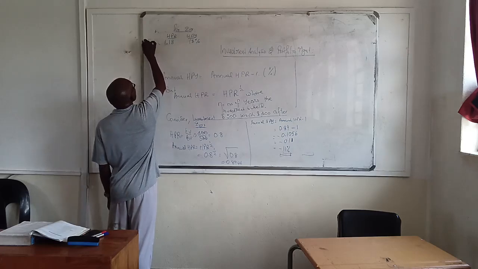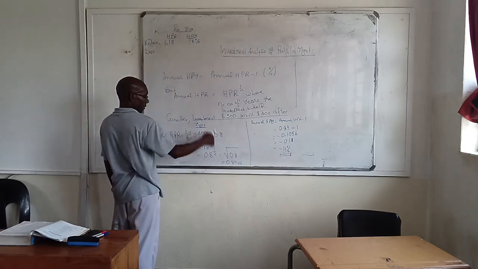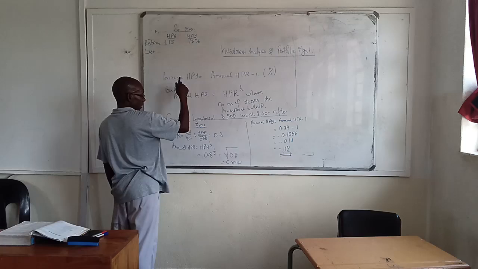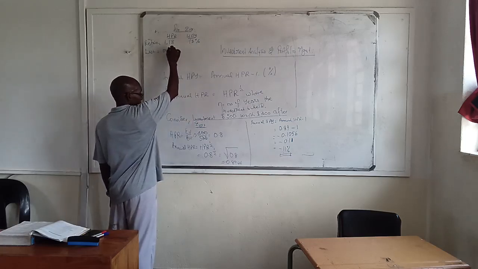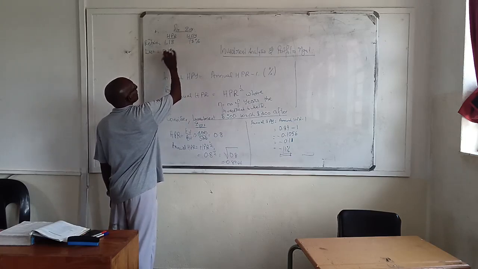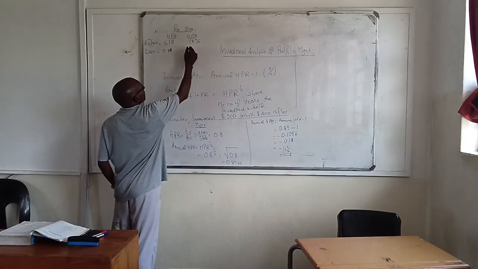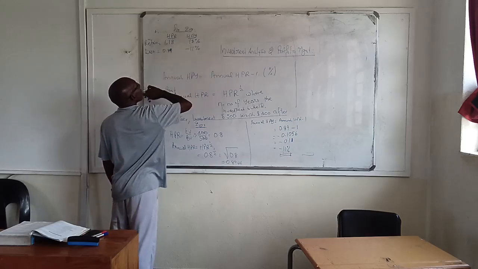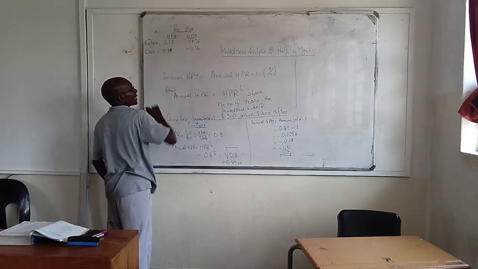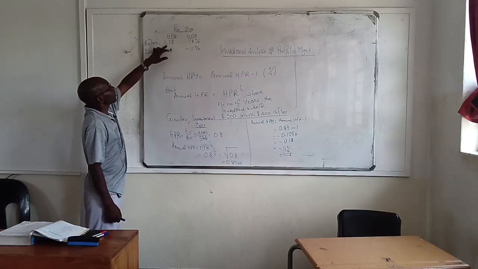For a loss, annual HPR, here we are saying it is 0.89, but HPY is equal to negative 11%. That's why I was saying, if HPR is more than 1, it is a profit return.